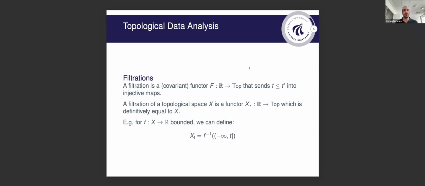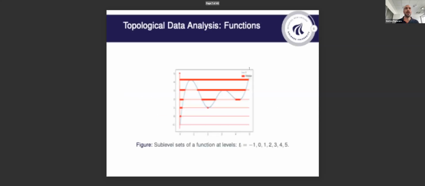A typical example is if we have some bounded function defined on some topological space, we can take what is called the sublevel set filtration, so the preimage of the intervals which go from minus infinity up to some threshold t. This is just an example that we can easily visualize. We have the blue function, and in thick red we have the sublevel set filtration.